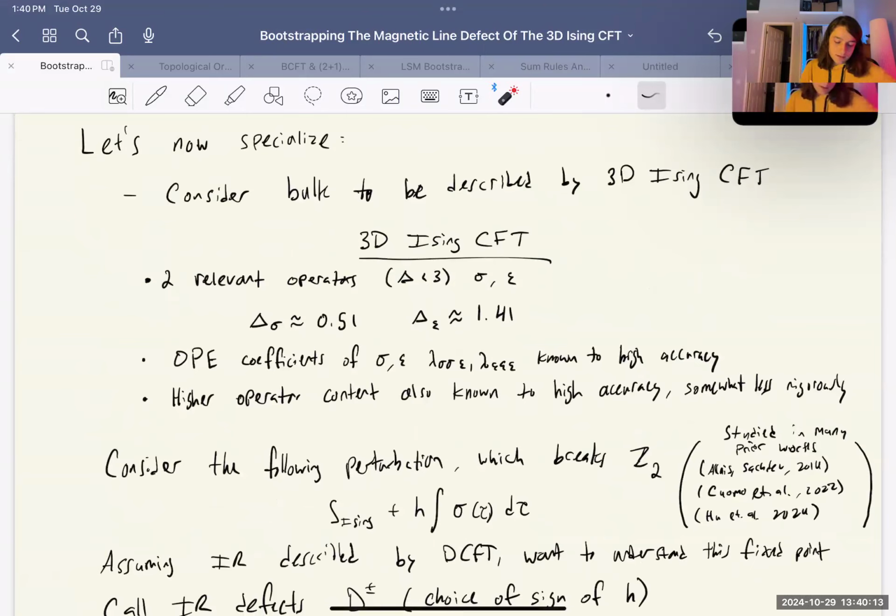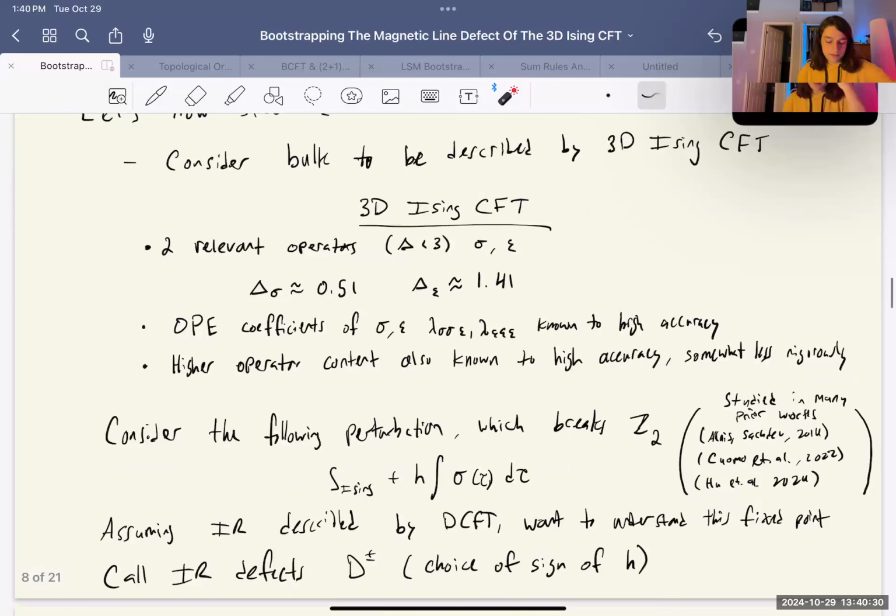Okay, so let's now focus on the case that I studied in this project, which is the 3D Ising CFT, and what we're going to introduce as the pinning field defect. Recall that the 3D Ising CFT has a number of important distinguishing features.